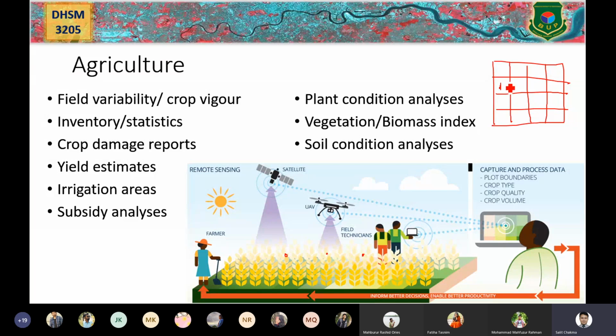The value is 1 on a scale of 1 to 5. That means the vegetation is dying out or highly stressed at this location. So that location is, for example, this one.